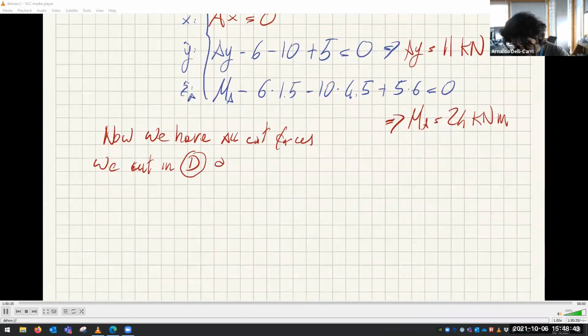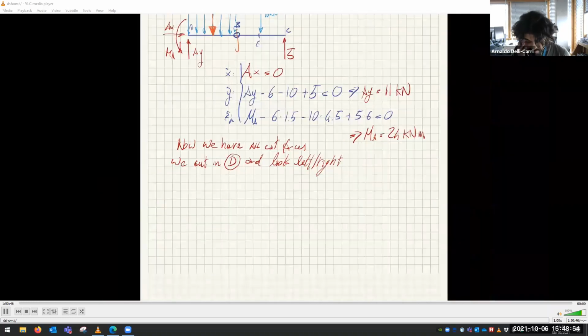D and E. Well, we cut in D and look left or right. And then we do the same for E.